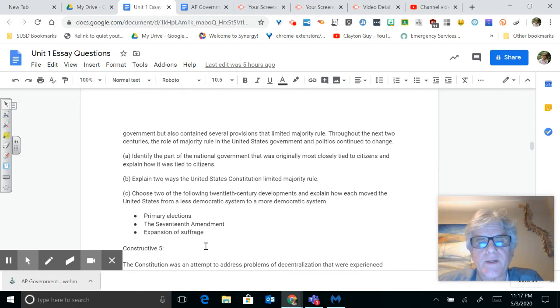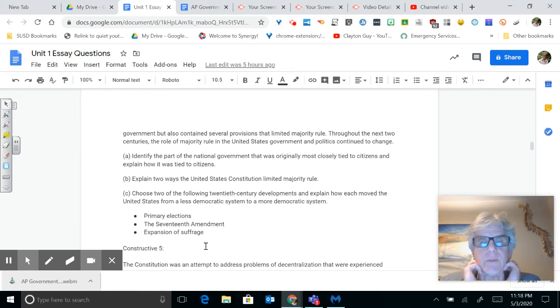Two ways the U.S. Constitution limited majority rule. One was the election of the president with the Electoral College. The president was not elected by people, but by the Electoral College, where the electors were supposed to be chosen by the elites in each state.